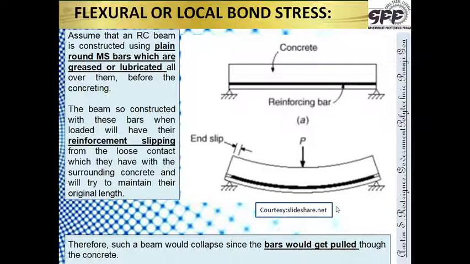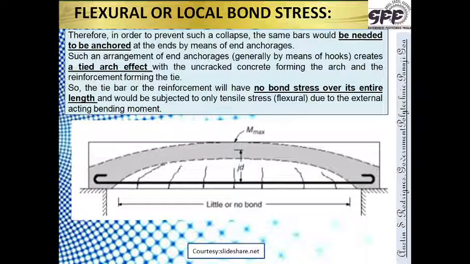Therefore, this type of beam would collapse, because the bar would get pulled inwards and the beam will not get enough load transfer from reinforcement to the concrete. As we said earlier, the strain compatibility will not be there, the stress transfer from steel to concrete will not be there, the composite action will not be there, the bars are getting pulled out easily, and hence the beam would fail.